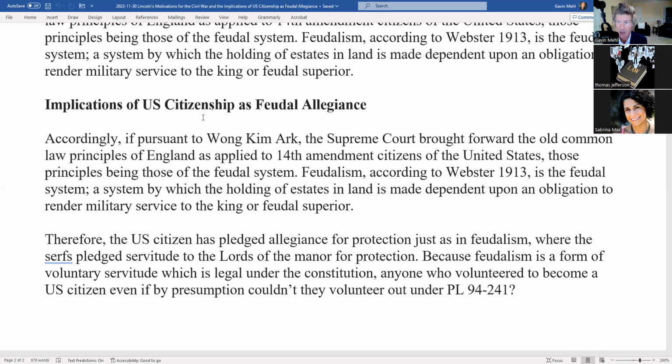Here's the conclusion. So accordingly, if pursuant to Wong Kim Ark, the Supreme Court brought forward the old English common law principles under England as applied to the 14th Amendment citizens of the United States, those principles being those of the feudal system, allegiance for protection, protection for allegiance, and feudalism, according to 1913 Webster's, is a system by which holding of estates in land is made dependent upon an obligation of rendering military service to the king, a feudal superior.